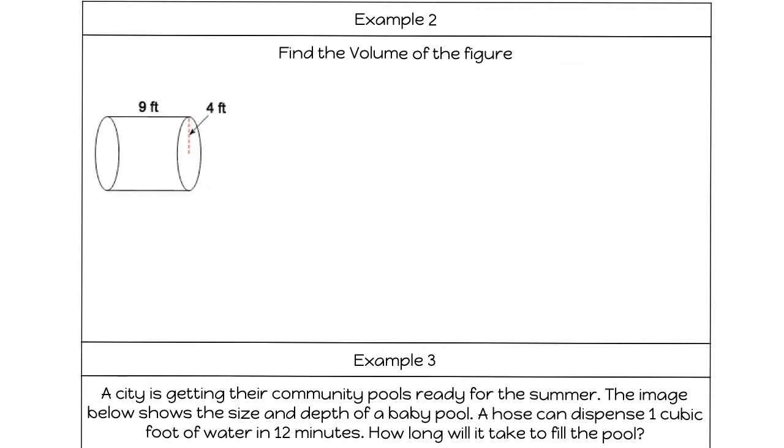Okay, so same thing for a cylinder. My circle is the shape that goes the whole way through. So it has a circular base. So volume is the area of the base times the height of the figure or the object.